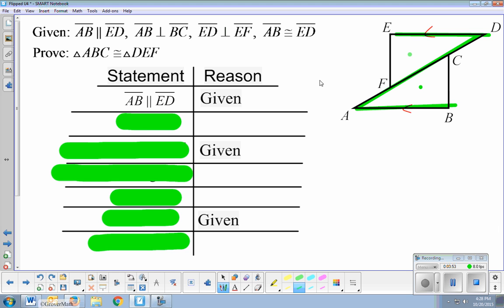So if you see parallel and you see the 180 rotation, you see that Z pattern, that means we're really trying to hint at alternate interior angles. And those alternate interior angles in this case would be angle A and angle D. So then what we can say is that angle A is congruent to angle D because alternate interior angles of parallel lines are congruent.